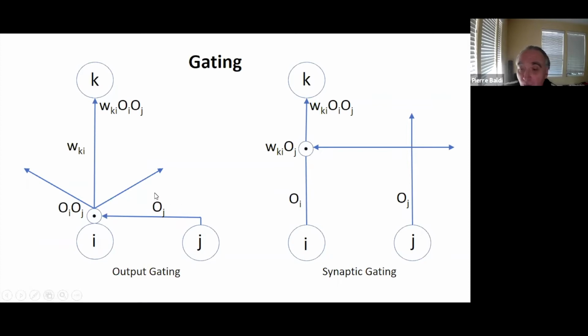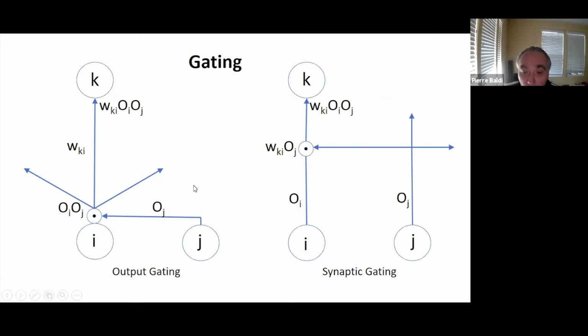And this is actually what happens in the attention mechanism that you see in most networks. So for the purpose of this talk, I'm just going to use output gating. But again, remember that if you have a single outgoing connection from neuron I, it's the same thing as synaptic gating.